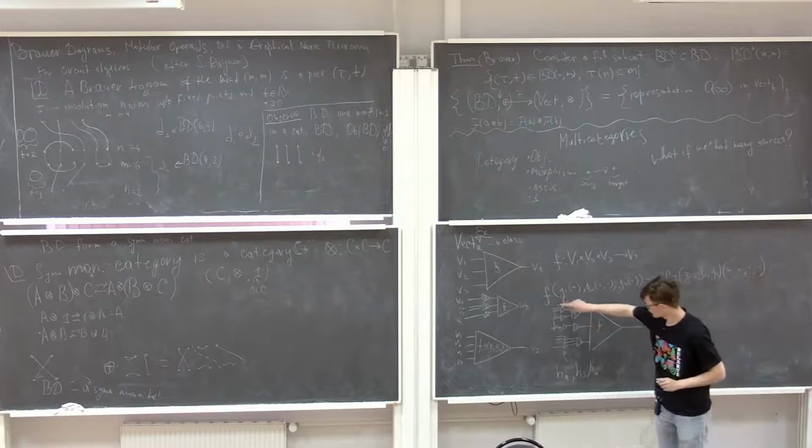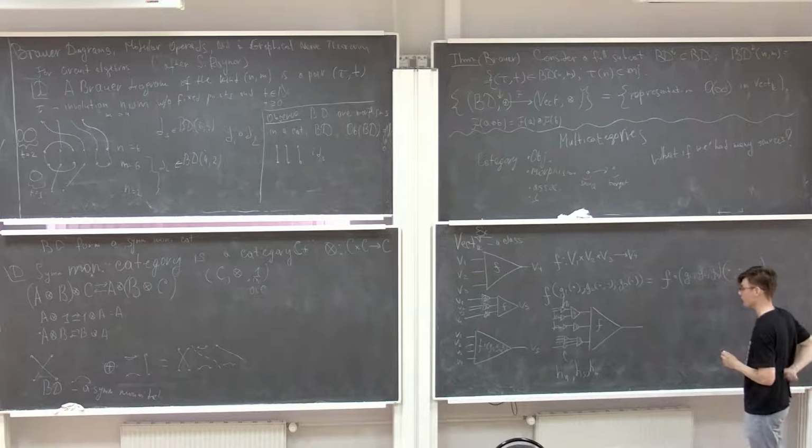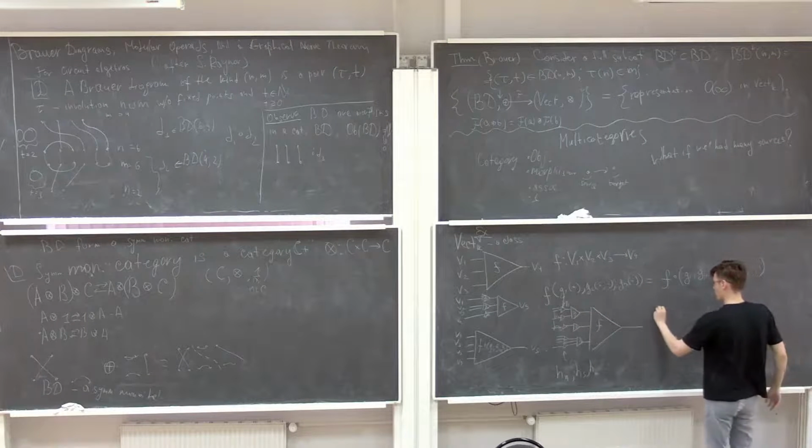So this is a function of several variables which can be input here and output there. So what is this?